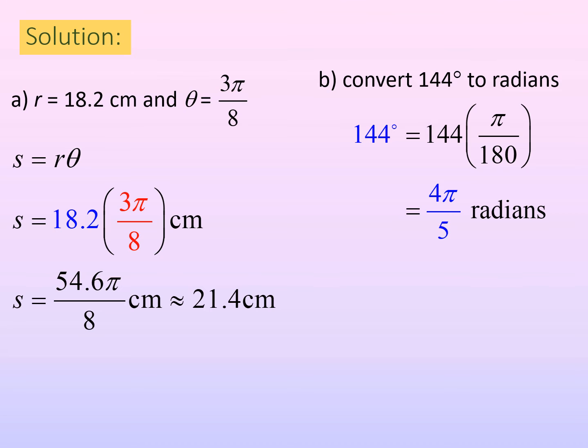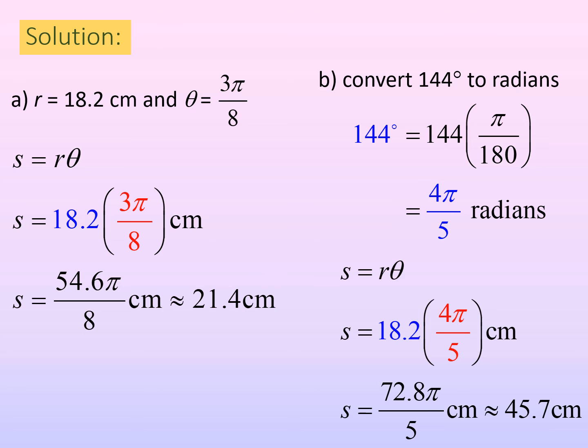So we have 18.2, which is the radius, times 4 pi over 5 centimeters. Using the calculator, we have 72.8 pi over 5. Then enter 72.8 and then shift the button that I told you, divided by 5. It is approximately equal to 45.7 centimeters.